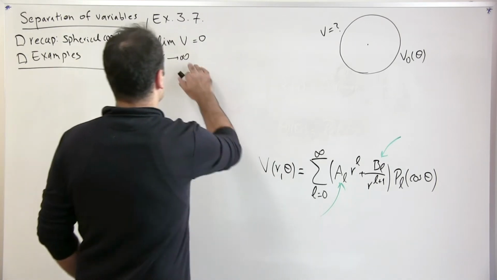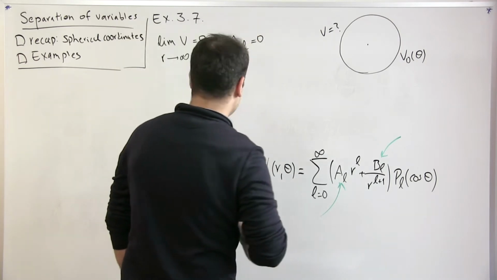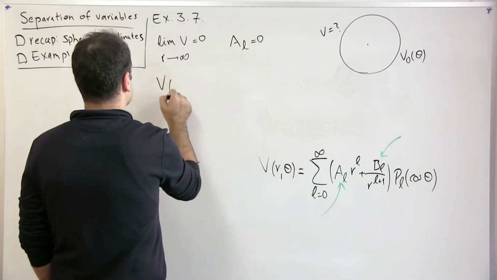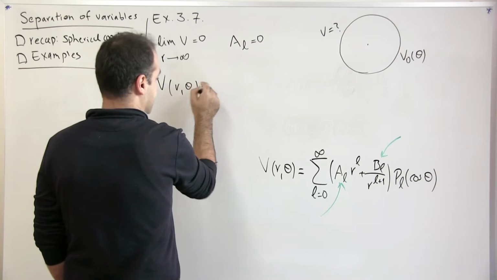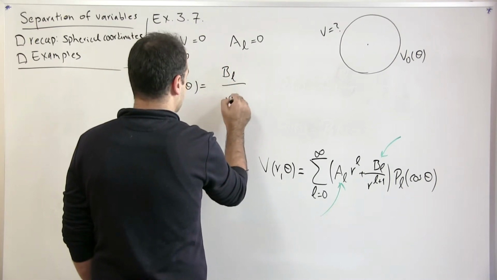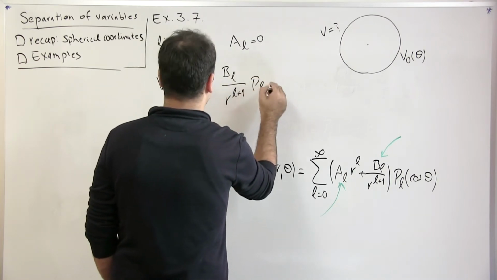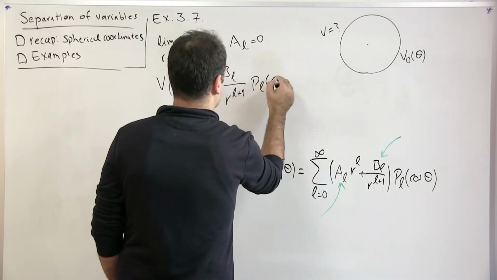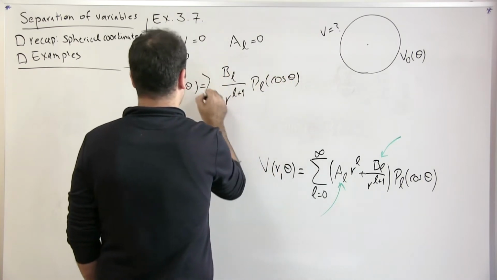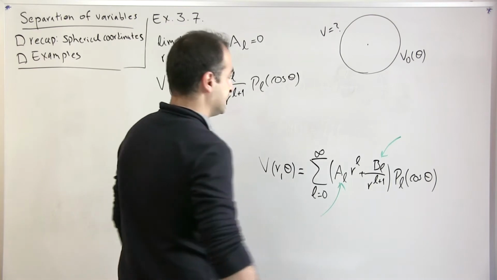So we drop all the A_Ls, and A_Ls are 0, and that makes the general solution a lot more simple. V(R, theta) is B_L over R^(L+1), P_L of cos theta, and L runs from 0 to infinity.